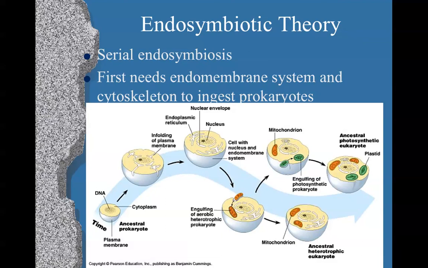So at some point, there is a prokaryotic cell that resembles a mitochondria that makes its way into our ancestral eukaryote. And once you have an ancestral mitochondria inside of an ancestral eukaryote, what you have is the ability to take a sugar like glucose and break it down very efficiently.